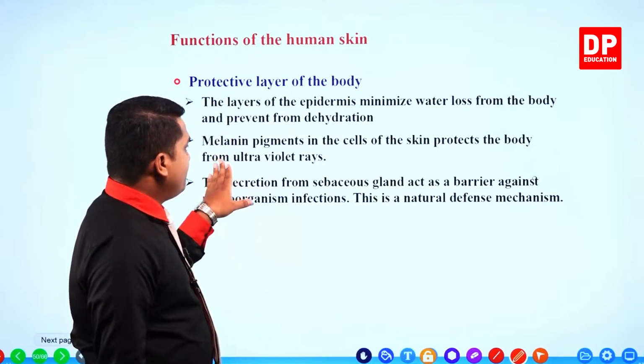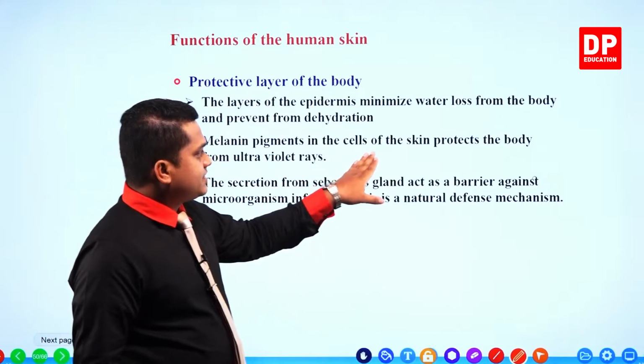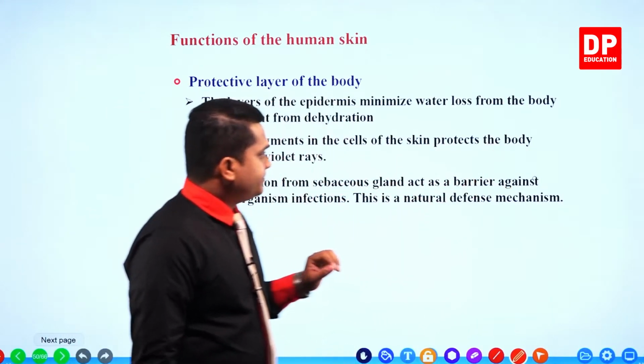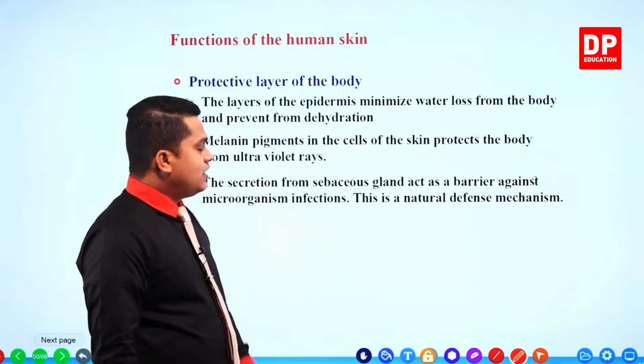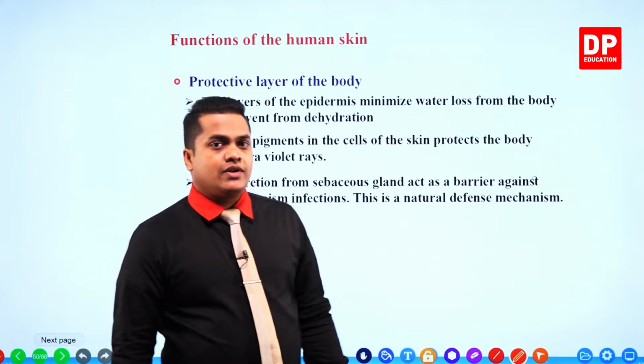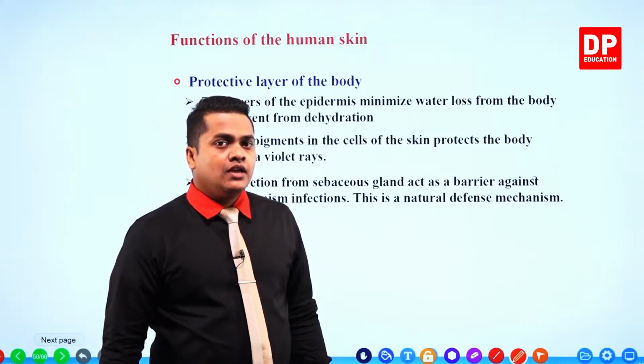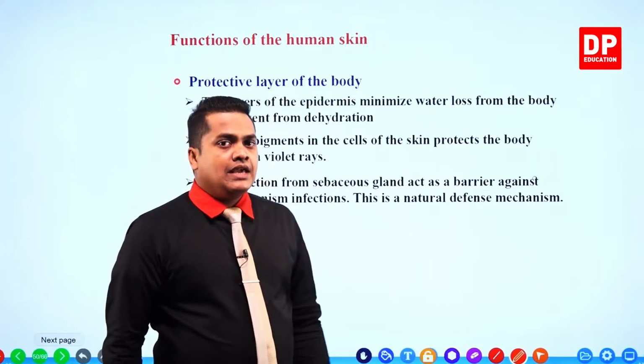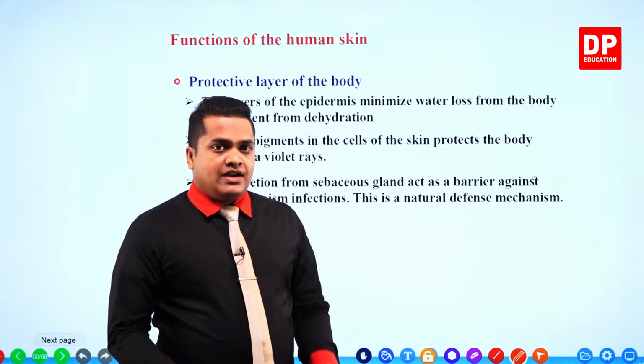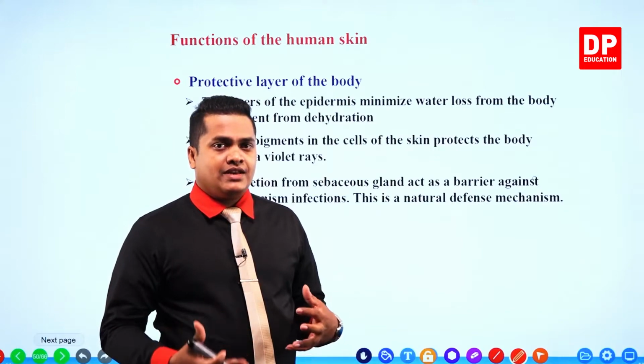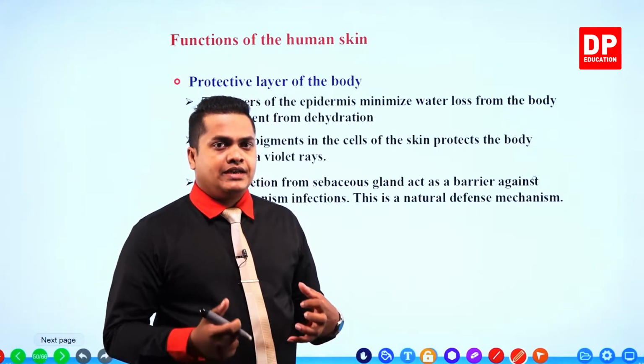Then, melanin pigments in the cells of the skin protect the body from ultraviolet rays. Earlier I also explained this when I was discussing melanin, right. Melanin is a special kind of pigment contained in the skin.